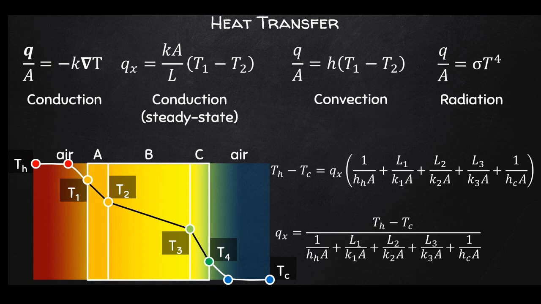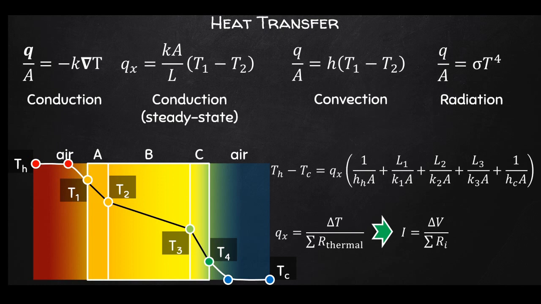We can rewrite this equation to have Qx on the one side equal to the temperature difference divided by the sum of the reciprocals of the heat transfer coefficients, thermal conductivities, and their multiplication with the area. Notice again that this is the same area.